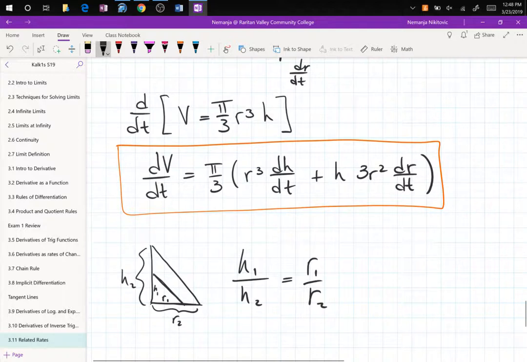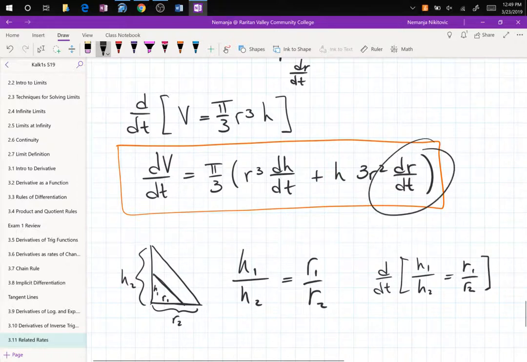And then we get to differentiate this as well, to eliminate either one of these two in terms of the other.